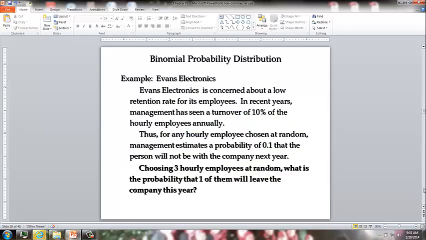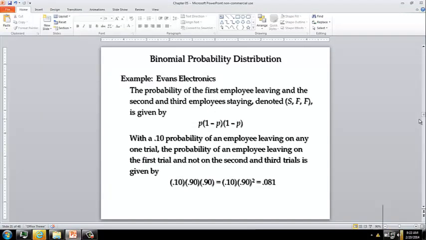Evans Electronics has seen a turnover of 10% of its employees. Hence, there is a probability of 0.1 that a particular employee will no longer be with the company next year. So the question is, if we choose 3 random employees, what is the probability that one of them will leave? So in this case, what we are doing is as follows.